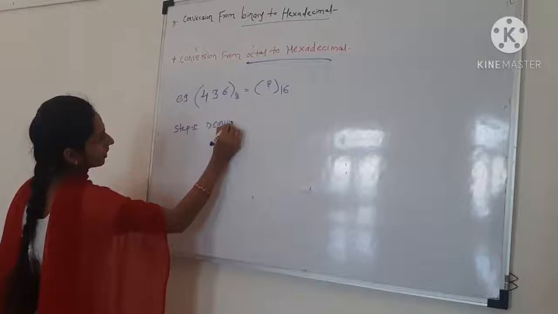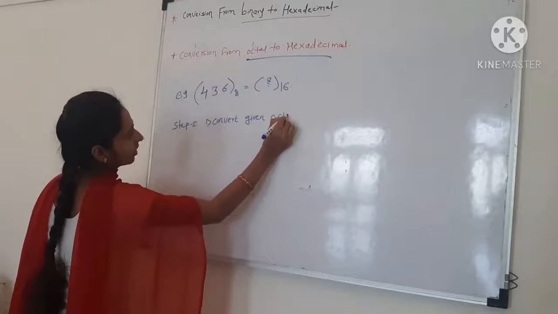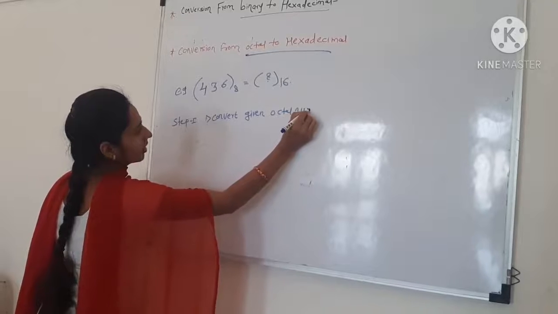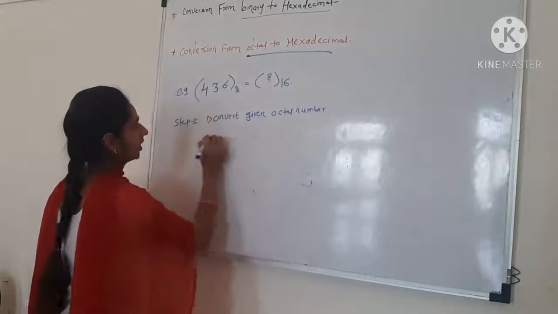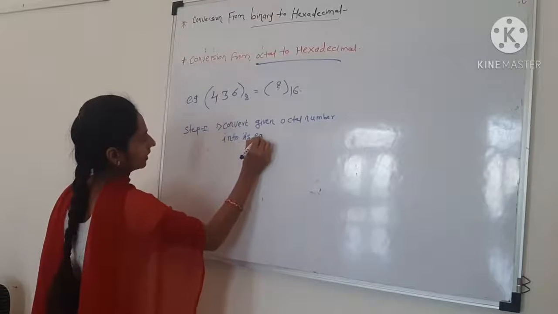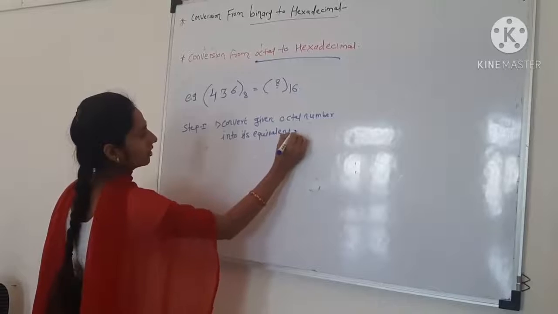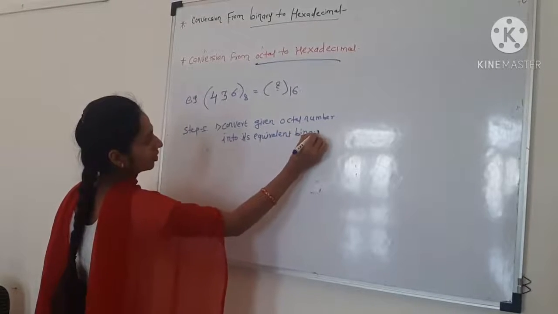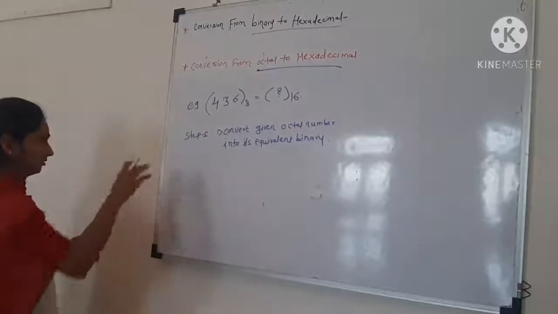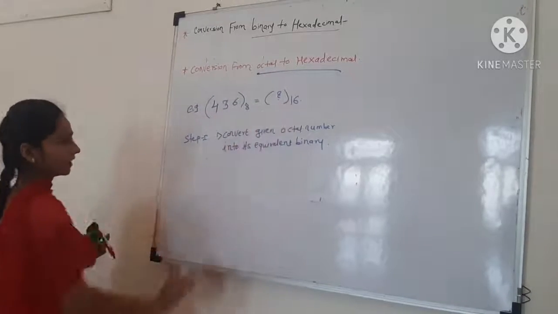convert the given octal number into its equivalent binary, which we have seen. So here we cannot directly convert our octal number into hexadecimal.